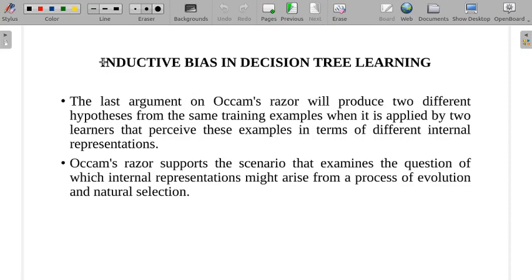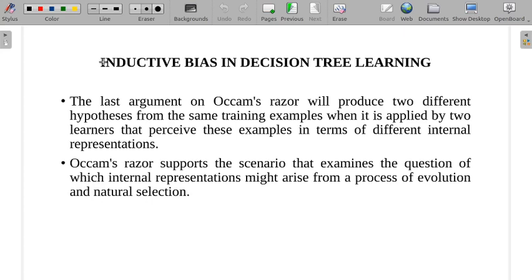Another argument against Occam's razor, a continuation of our last point, is that it will produce two different hypotheses for the same training examples when applied by two learners that perceive these examples in terms of different internal representations. Our first module's tuple type hypothesis has a different internal representation, and our tree type hypothesis has a different internal representation.